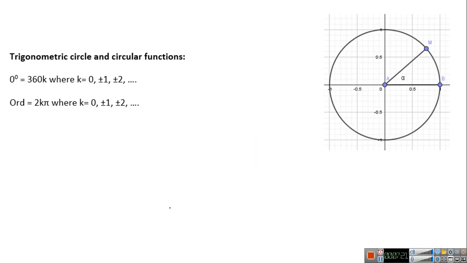Now I want to tell you something. Suppose you have a point M on a circle. This point M makes with the x-axis an angle alpha. This is the angle. You can go in the positive sense directly to point M. One can tell me, okay, I want to do a whole rotation, one rotation, 360, then going to M. So this alpha can be written as alpha plus 360 degrees.